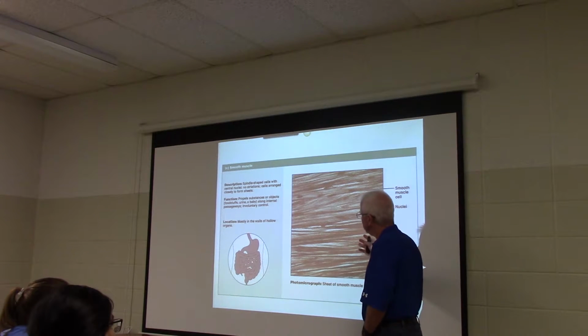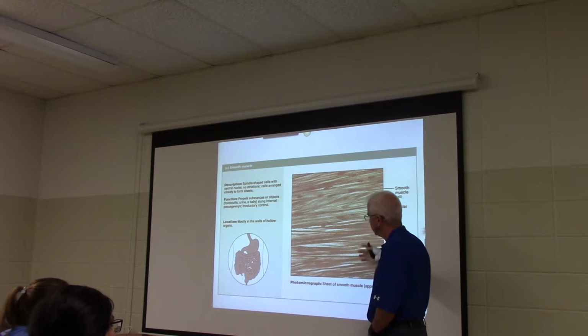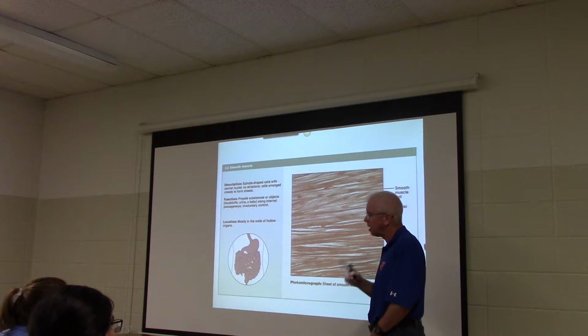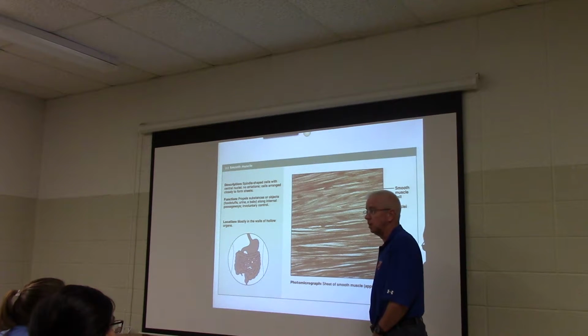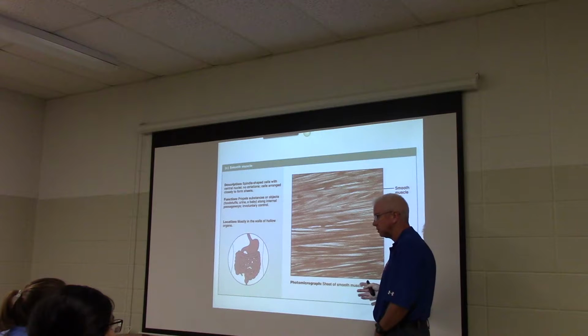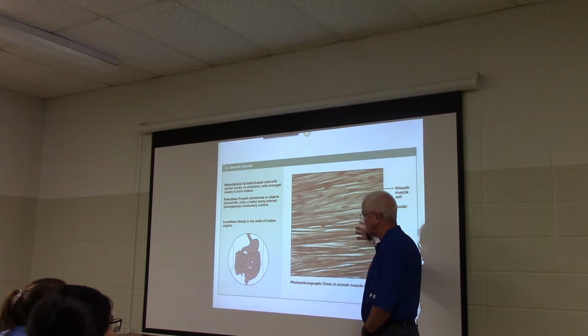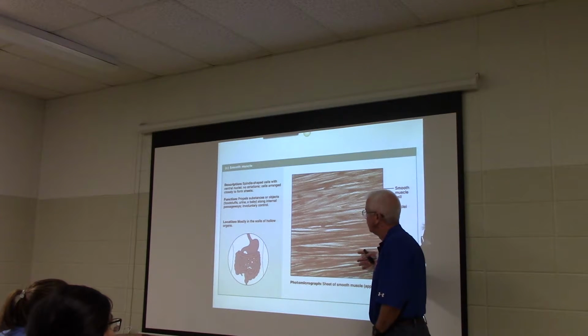And these smooth muscle layers are typically, although not always, arranged in sheets. And the sheets are connected by gap junctions. So in the same way that cardiac muscle cells are connected by gap junctions, layers of smooth muscles are actually connected by gap junctions as well.